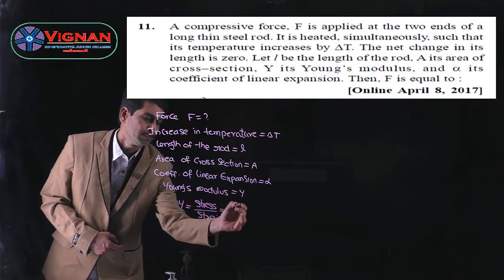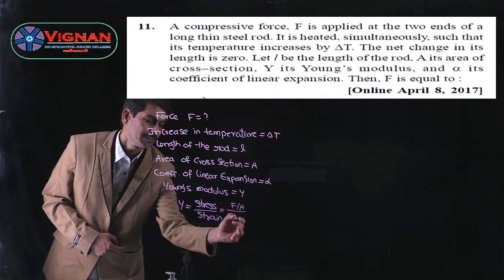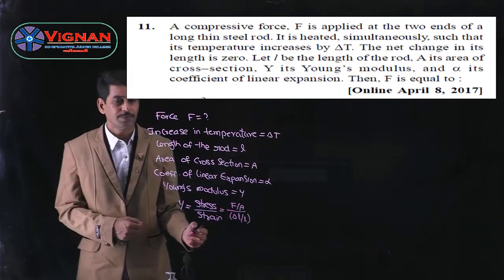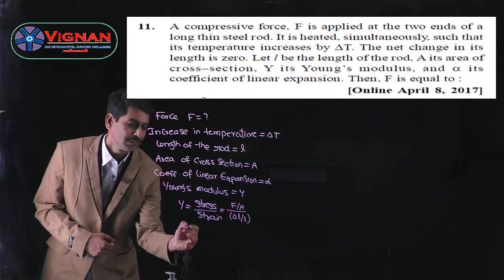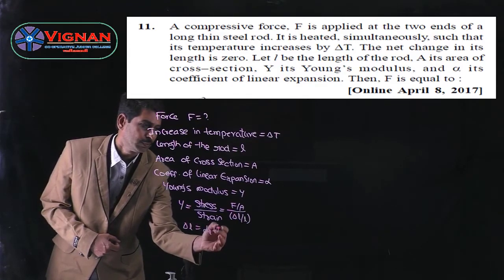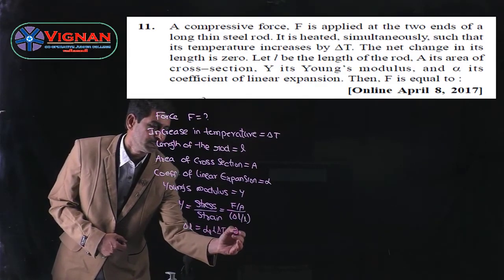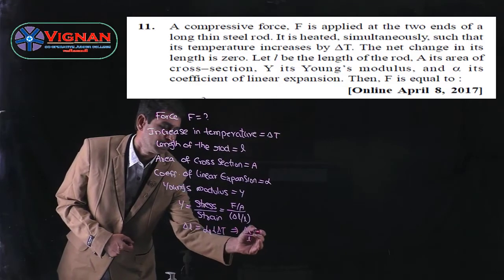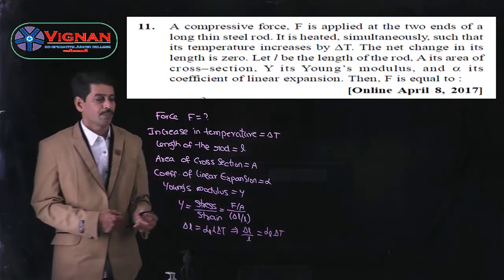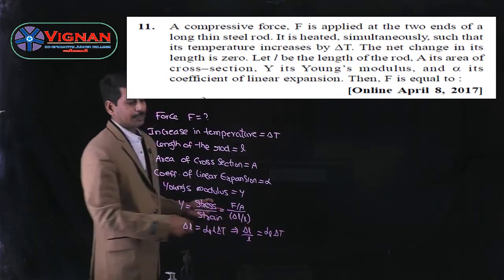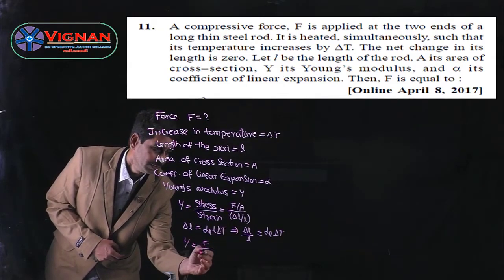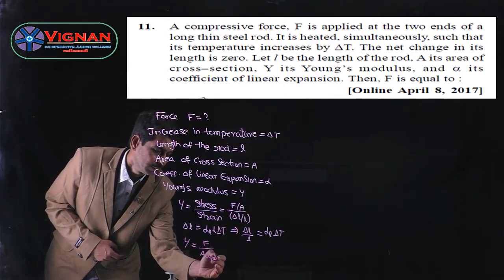Stress is nothing but force by area, and strain is nothing but delta L by L. And from the coefficient of linear expansion, delta L is nothing but alpha L into delta T. From this we get delta L by L is equal to alpha into delta T. So instead of delta L by L, you can write alpha into delta T. So Y is equal to F by A alpha delta T.